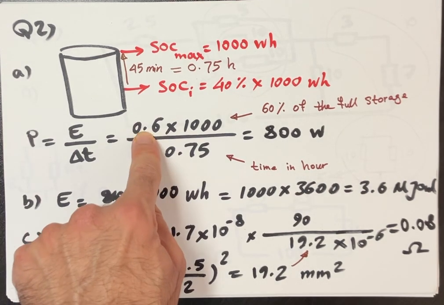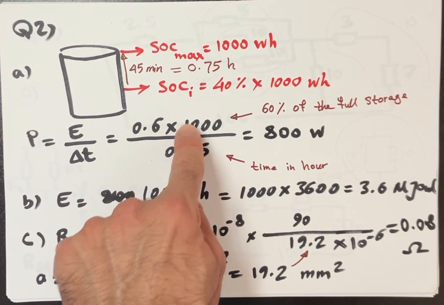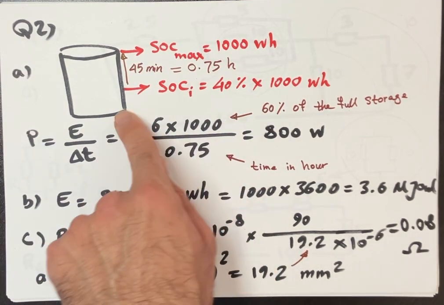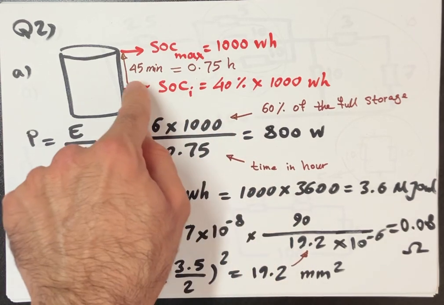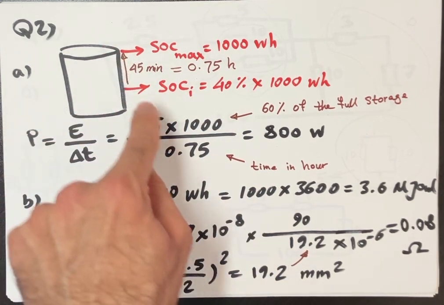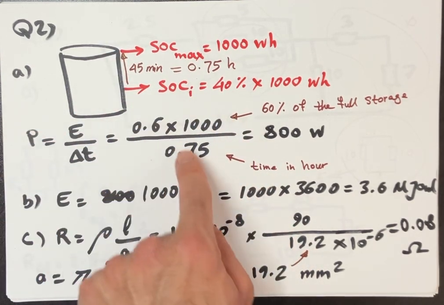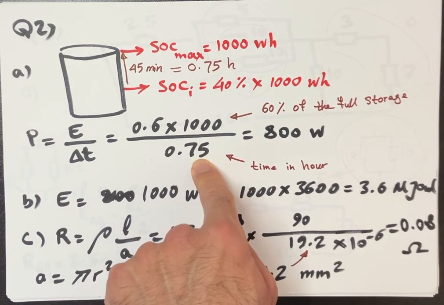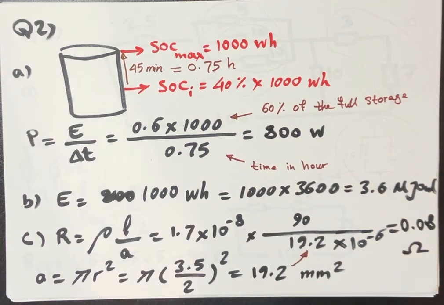So 60% of the full capacity of battery, 0.6 times 1,000. This is the energy you need to move from this point A to B. Then you need to divide it by the duration of time in hours, which is 0.75. And you get 800 watts, which is the power of the system.